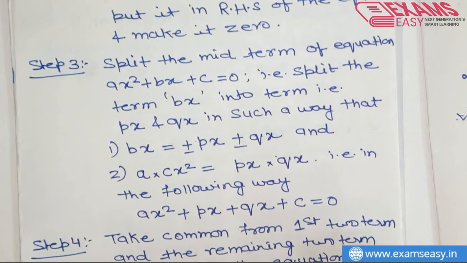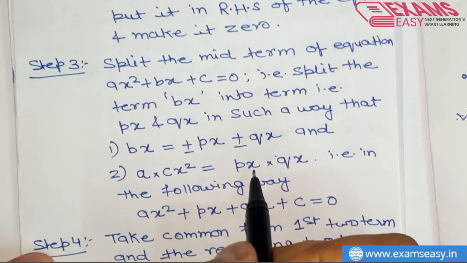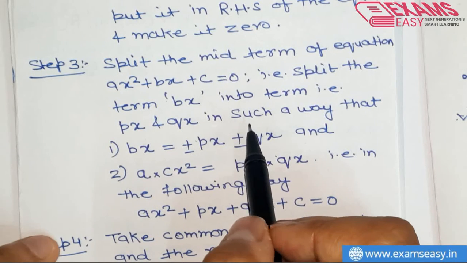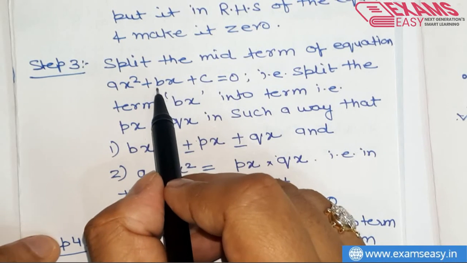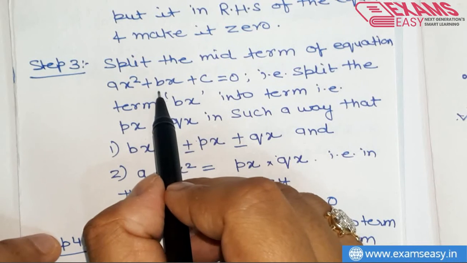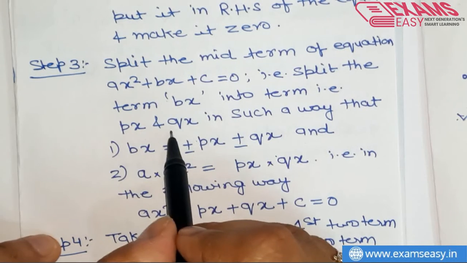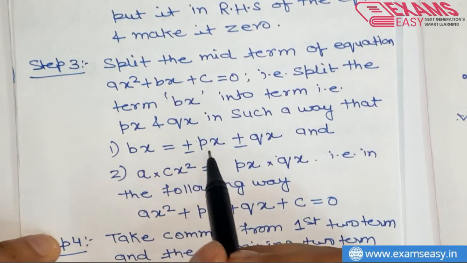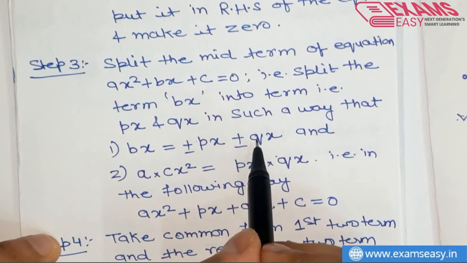Now let us move to step 3. As the name suggests, in the factorization method, we need to split the middle term, that is bx, into two terms, that is px and qx, in such a way that bx = ±px ± qx.